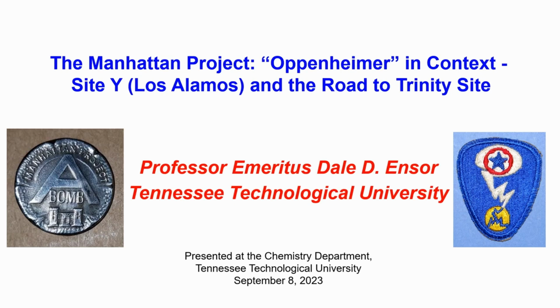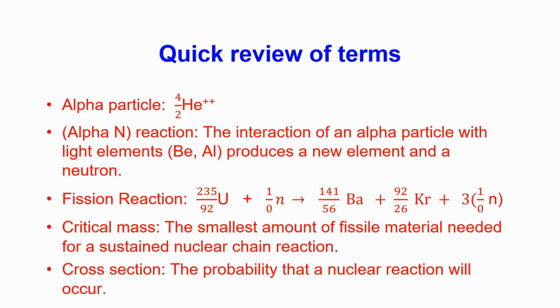But what I want to do real quickly is go over a couple of terms that we'll be using, just as a reminder. The first is alpha particle. An alpha particle is basically a helium nucleus with the electrons stripped off, and so it carries a positive 2 charge.